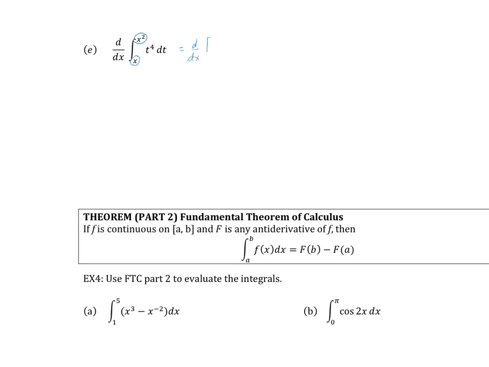So I'm going to break this whole thing up as the integral, and I'm going to start with the lower x, and go to 0 of t to the 4 dt, plus start with 0 and end with x squared. So again, that was a property we had in the previous section that said we can break integrals up with whatever number we want.